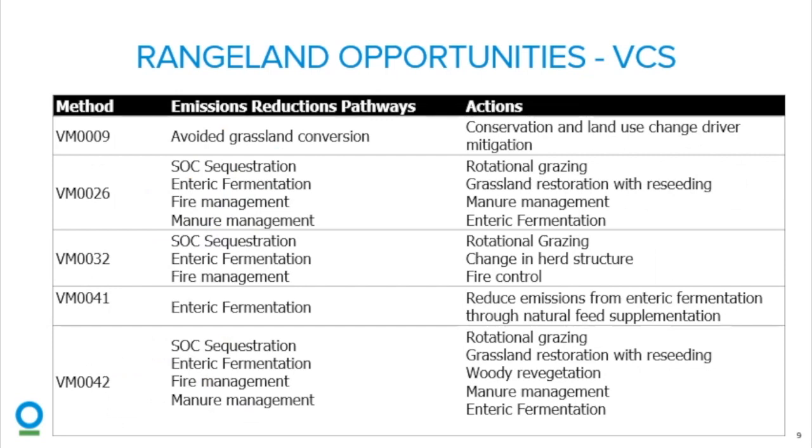There are also other VCS methods available for rangeland restoration activities, ranging from projects that only reduce enteric fermentation to projects that plant nitrogen fixing plants or even avoided grassland conversion projects.